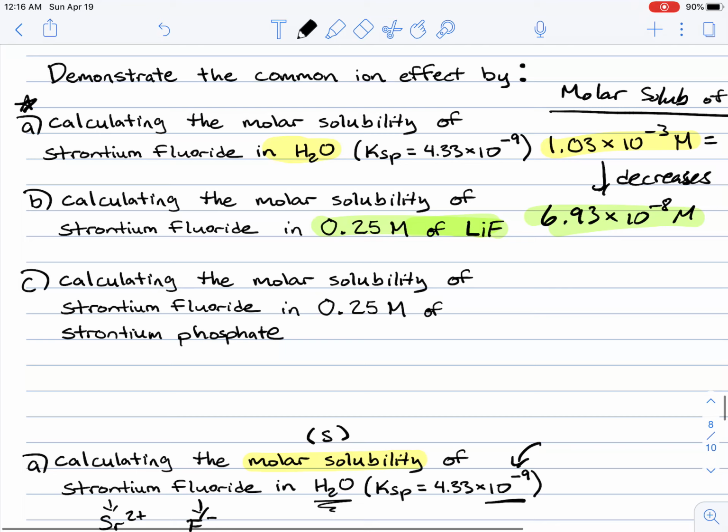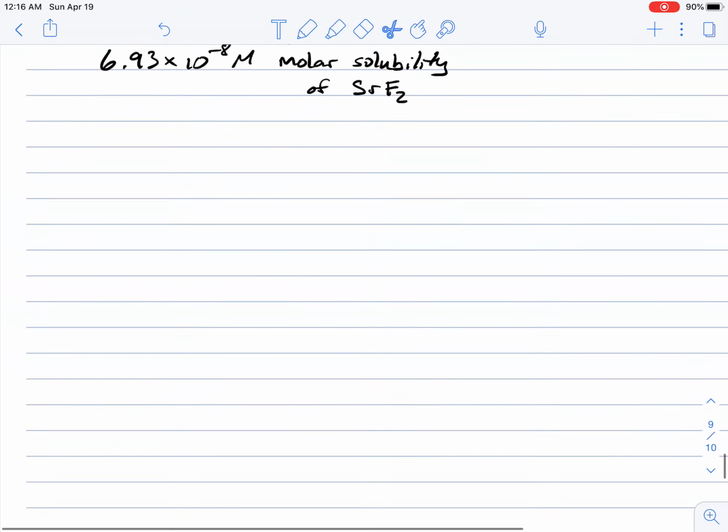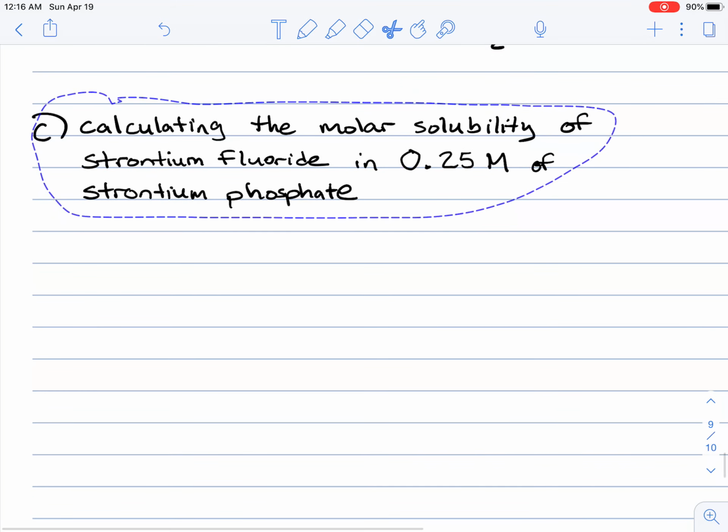All right, so we're going to go ahead and do this last problem here, part C. We're going to calculate the molar solubility of strontium fluoride in 0.25 molar of strontium phosphate. Oh, actually, you know what? It shouldn't be strontium phosphate.